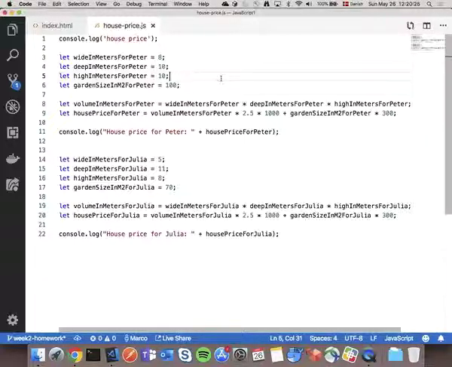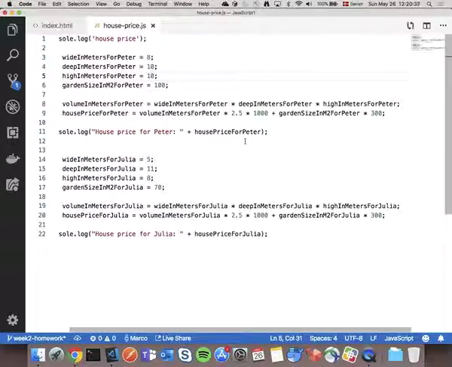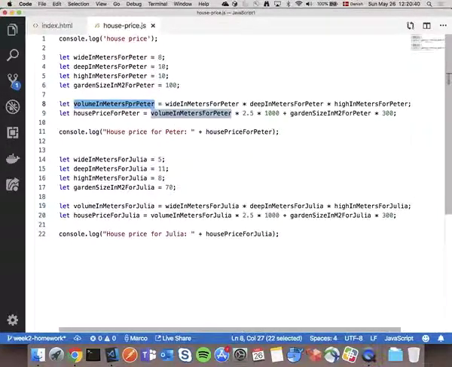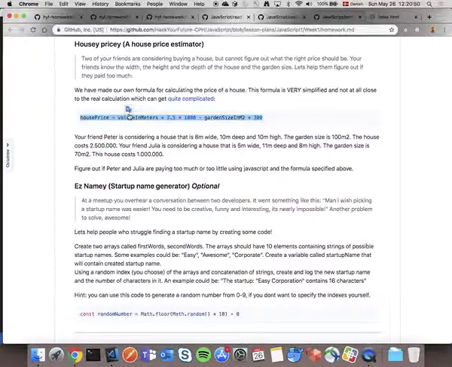But this exercise is really for you to write the variables, constants, console logs, multiplications, divisions, whatever is needed. So I had all the variables set up, calculated the volume, which is one dimension times the other, and then input it into a formula that was given to us here.